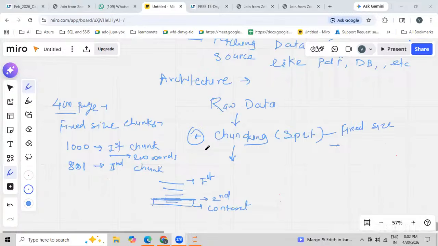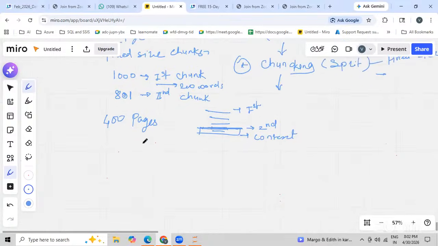Okay. So chunking is nothing but you simply split your different pages into fixed types of words. Earlier I told you that if you have 400 pages, your LLM will not read these 400 pages at once. They will read them one by one.